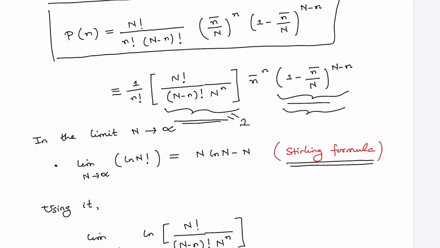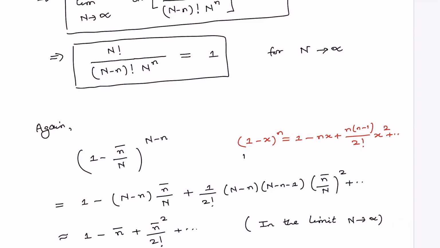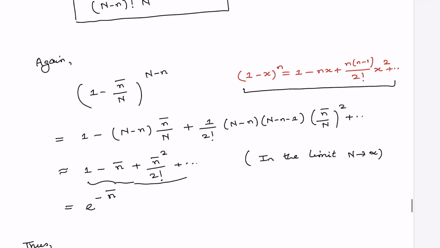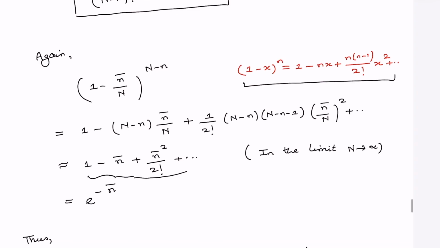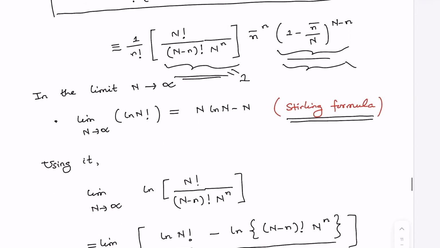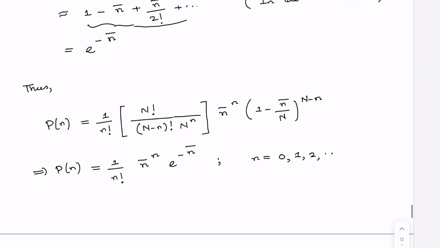Now let me consider this particular term, and here using the binomial expansion, I think all of you know, I can open it up, and in the limit N tends to infinity, you will see you are going to get this expression, which is nothing but e to the power minus n bar. n bar is again the average number of photons, or mean number of photons. So what you have obtained here is that this particular term in the limit capital N tends to infinity is e to the power minus n bar, and utilizing this I can now write this expression.